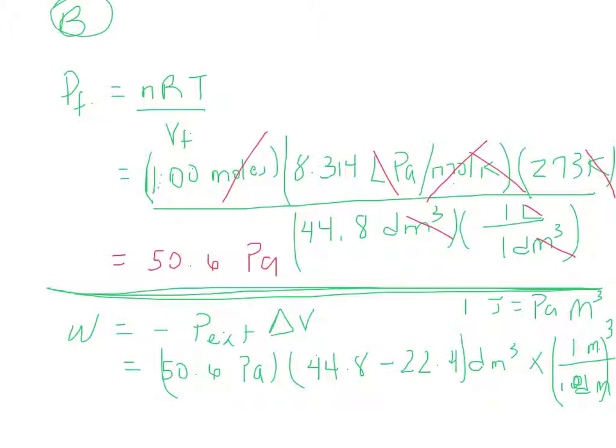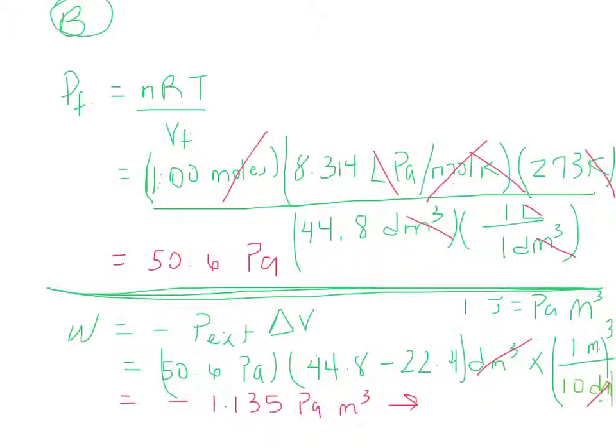That gives us, let me clean this up a little bit. All right. So when we take into account our units, our decimeters cubed will cancel, and our final value for work will be in the unit of joules, 1.135 Pascal meter cubed.